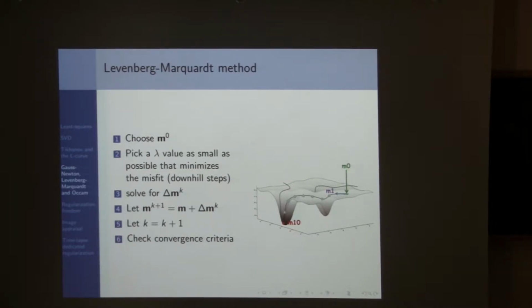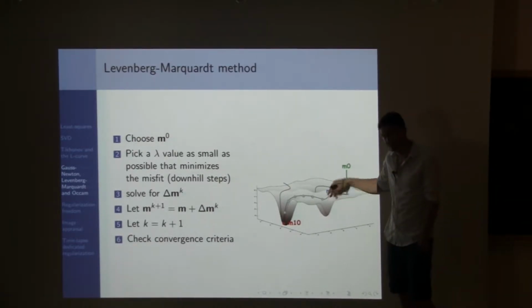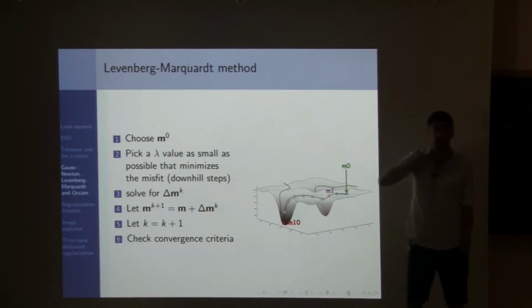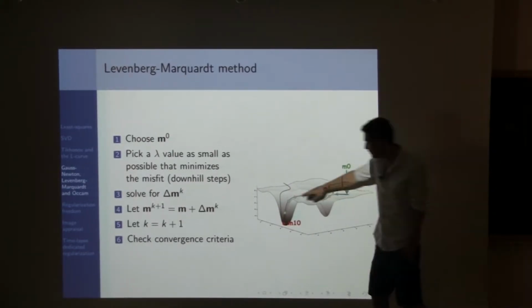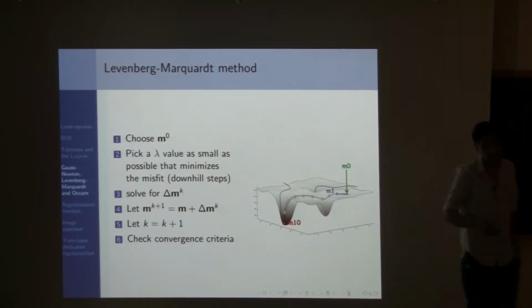You could also accept not only downhill steps: if you think you're not at a sufficiently low level of misfit, you can accept uphill steps to get out of the minimum and then try to find a minimum that suits your data uncertainty.